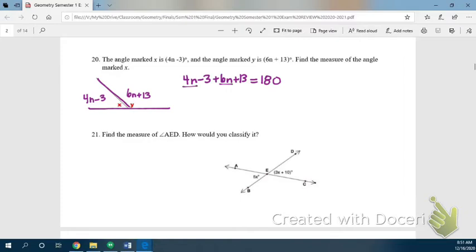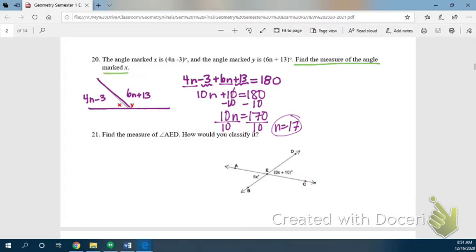Remember that you need to combine your like terms, which would be 10n plus 10 equals 180. I'm going to subtract the 10 constant to the other side, which gives me 170. And when I divide by 10, I get that n is 17. Yes, that's our answer for n, but of course they're asking for more.